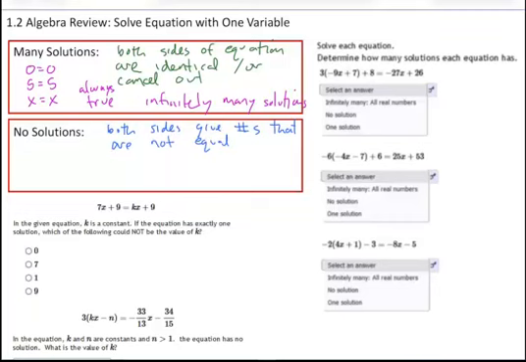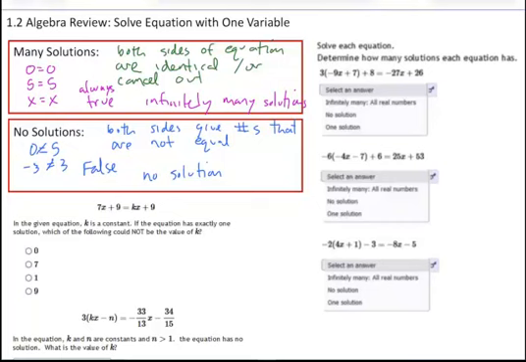So it gives you a false statement. So here you would have something like 0 equals 5, or you might have negative 3 equals 3. Those are not possible, they're false statements, which means there would be no solution.